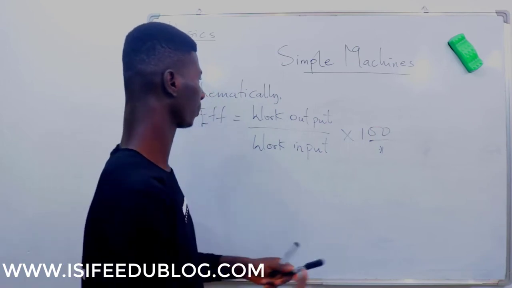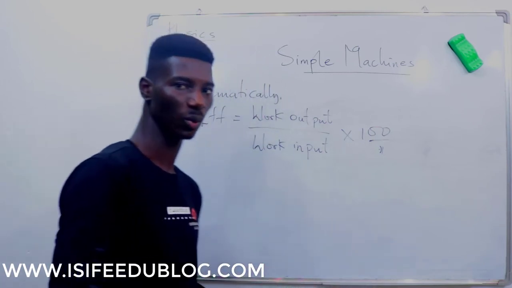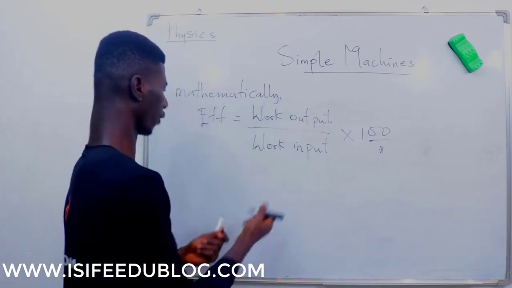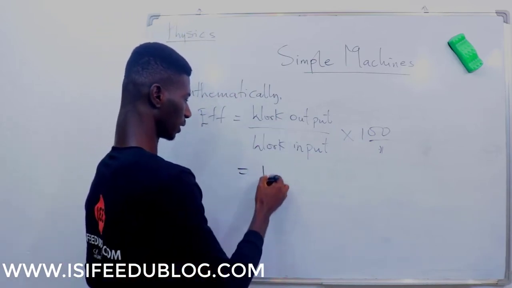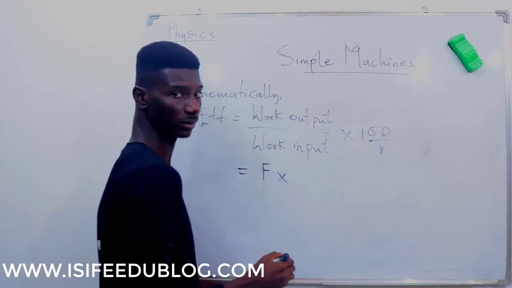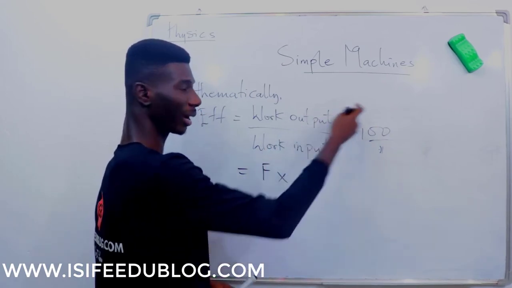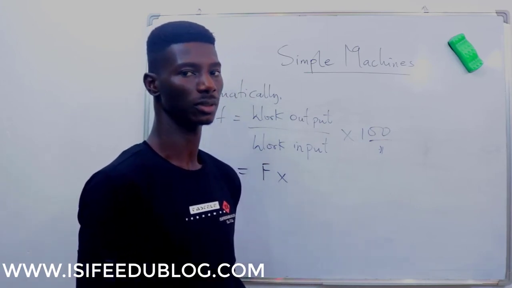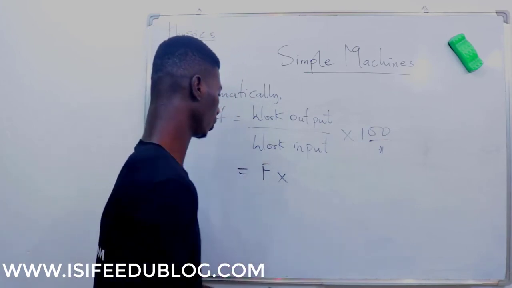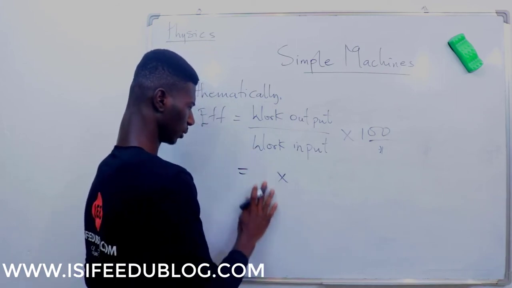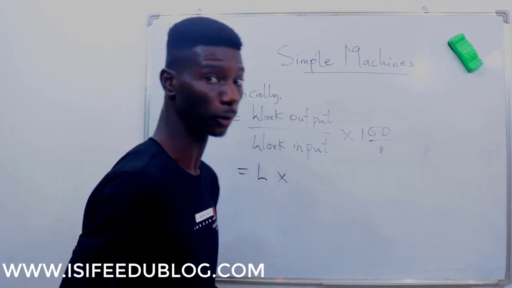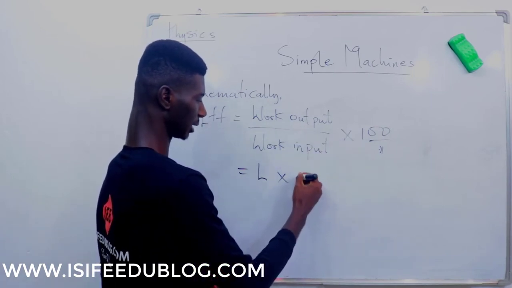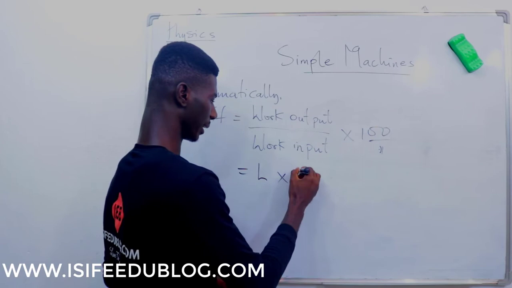I want to show you why we can call it mechanical advantage to velocity ratio. Now, work output means the work done by what? The load. So let's use L to denote the force, because load is a force, times distance. The distance, let's call it small l.